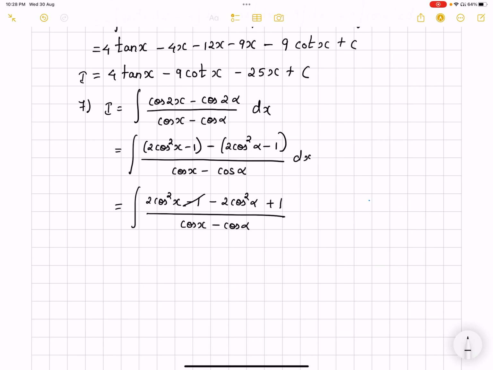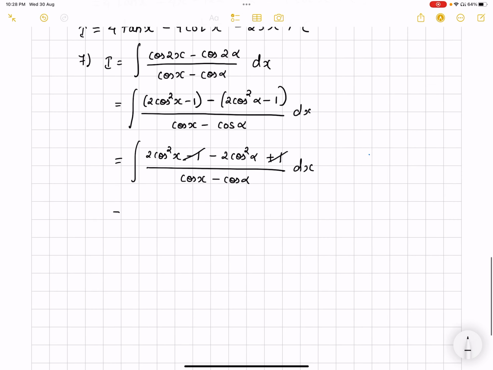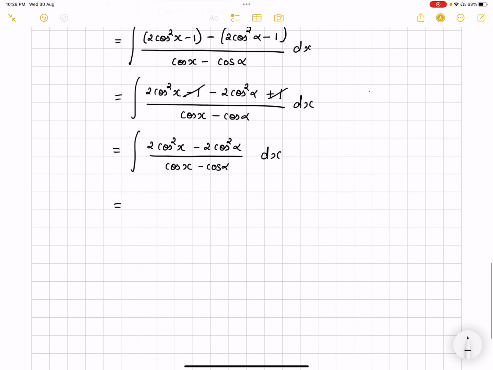So if you observe, this minus 1 and plus 1 gets cancelled and you are left with 2 times cos square x minus 2 times cos square alpha divided by cos x minus cos alpha dx. Now 2 is common. So if I take 2 out, I would be having cos square x minus cos square alpha divided by cos x minus cos alpha dx.